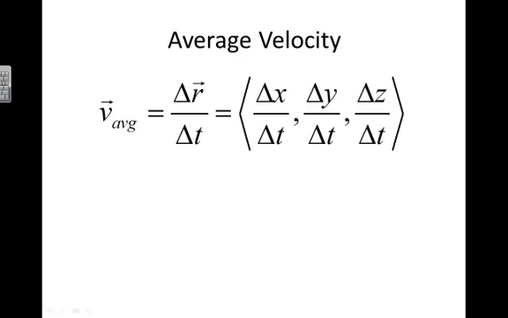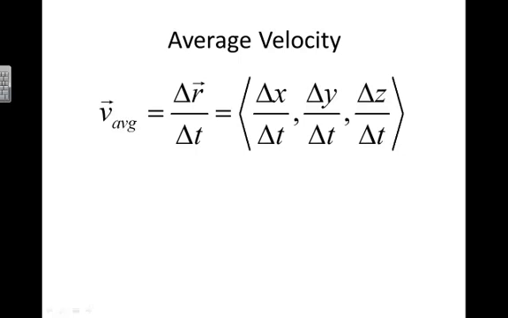So we start off with the concept of average velocity, and the average velocity is essentially the rate of change of position, how much our position changes in a given chunk of time. And the nice thing is that since we're dealing with a vector here, the components of the vector are each independent. So the motion in the x direction is independent of the motion of the y direction, independent of the motion of the z direction.